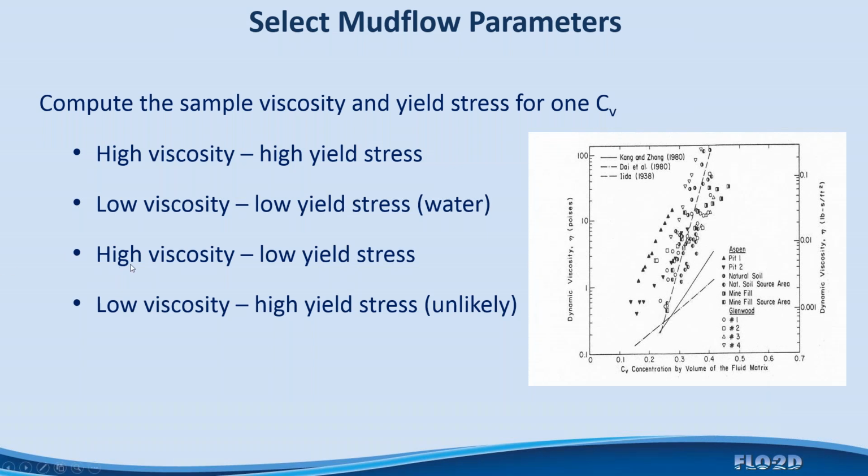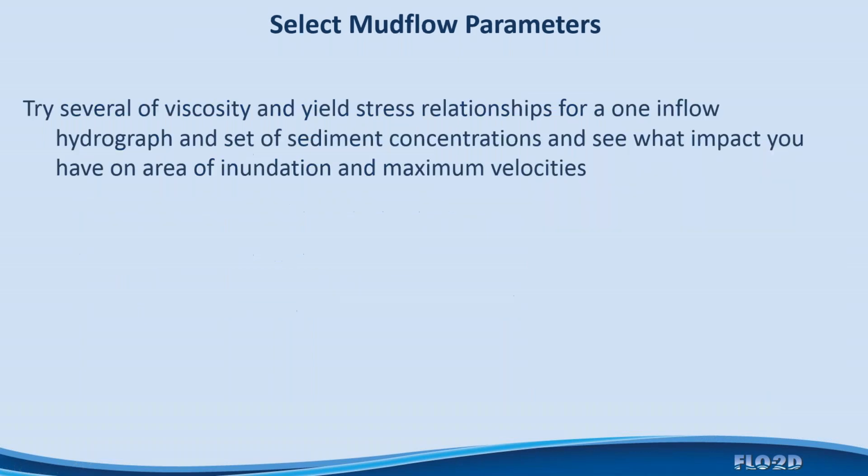You could have a high viscosity and a low yield stress, which means that it's very viscous, but yet it doesn't withstand any shear stress before it starts moving. Then you could also have a low viscosity and high yield stress. Well, this is pretty unlikely. You're either going to have high yield stress and high viscosity or not, but I suppose that's another option for you.